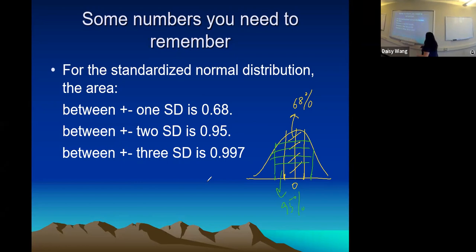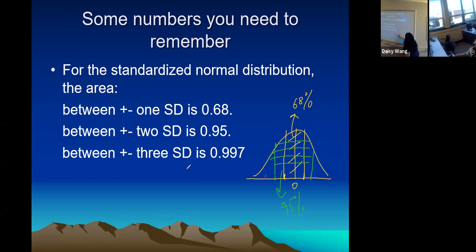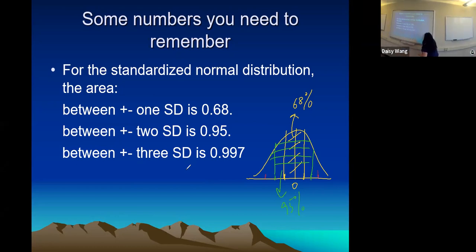And then 3 standard deviations. So add one more standard deviation here. So with 3 standard deviations, the whole gray area would be 99.7% of the whole area.